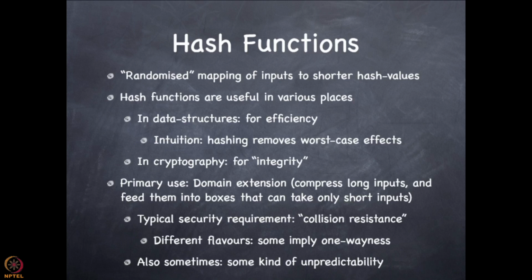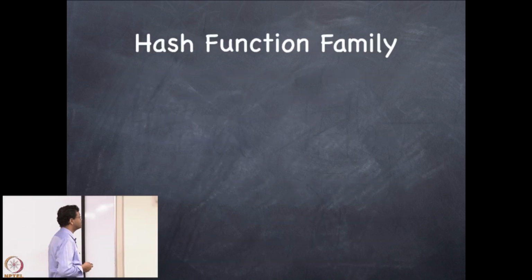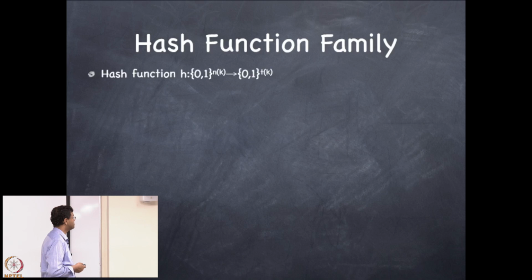Also some kind of unpredictability. I talked about random oracles in the previous lecture. Hash functions are heuristically taken to model a random oracle, or to implement a random oracle. So we'll see both kinds of uses of hash functions.